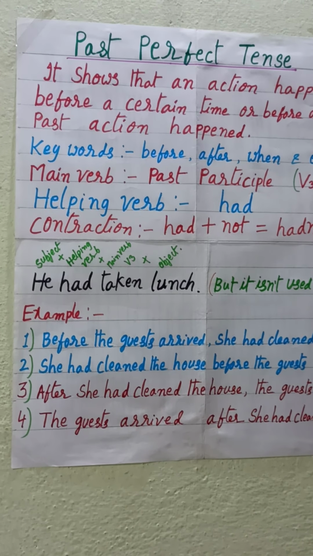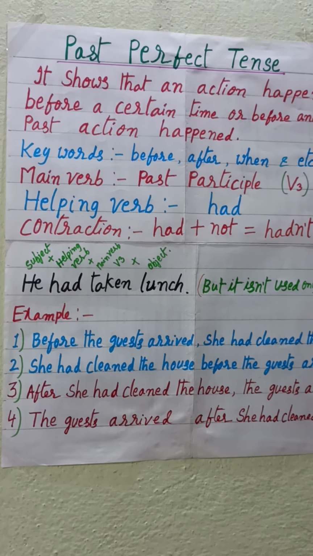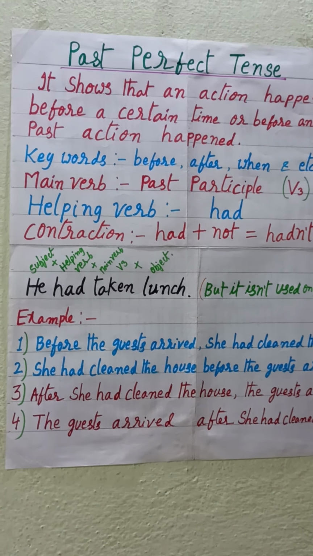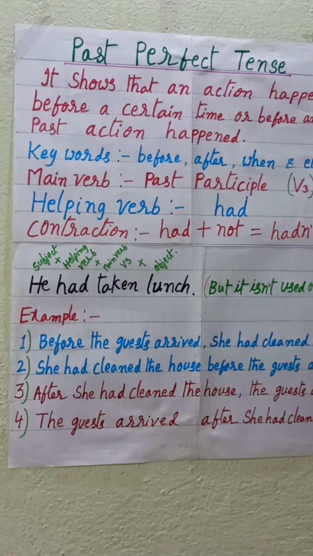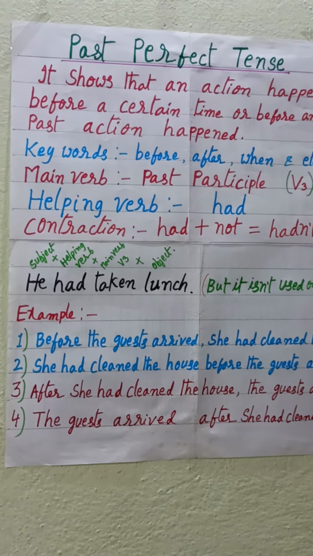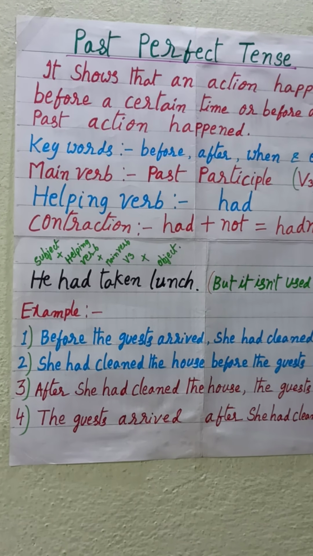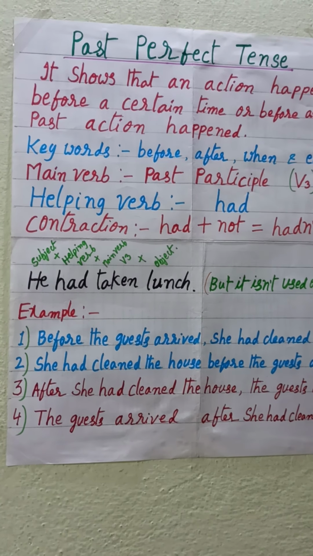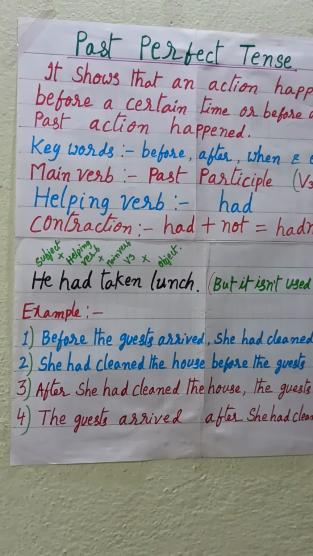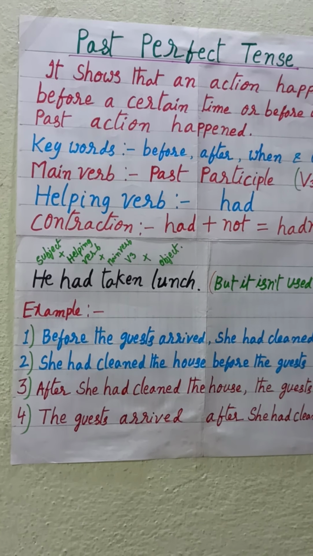Structure of past perfect tense sentence: subject plus helping verb had plus main verb V3 plus object.